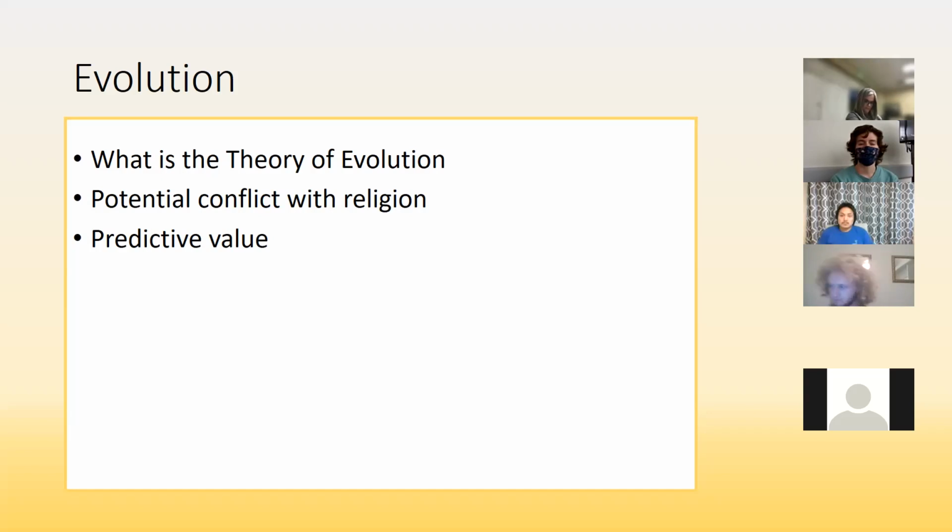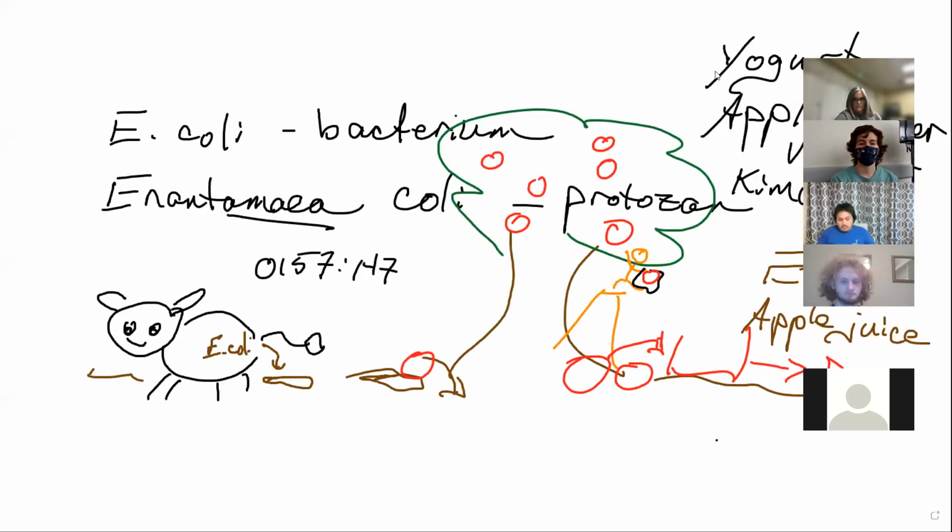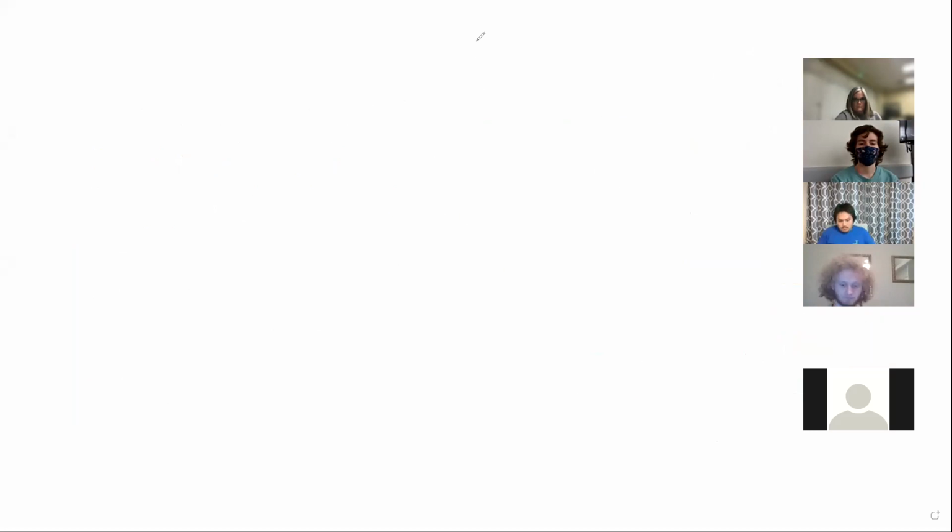So in microbiology, here's an example of predictive value of the theory of evolution. Okay, so I'm going to pull up the whiteboard again, and I'm going to clear my board here. So let's say I've got a population of bacteria and I'm going to put them down as dots. I have some cute orange bacteria, and they're the majority of the population.